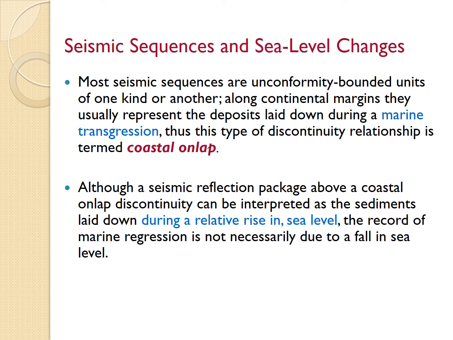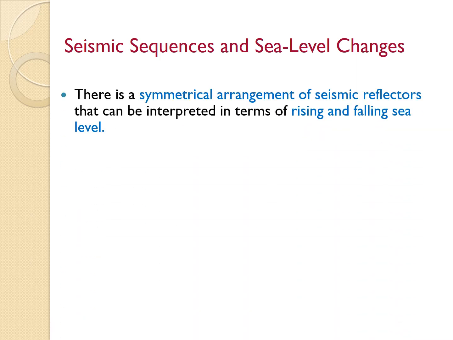Although the seismic reflection package above the coastal onlap discontinuity can be interpreted as sediments laid down during a relative rise in sea level, still the record of marine regression is not due to a fall in sea level. Okay, so there is a symmetrical arrangement of seismic reflectors. Whenever you see those symmetrical arrangements of seismic reflectors, you can interpret that as a rising and falling in sea level.